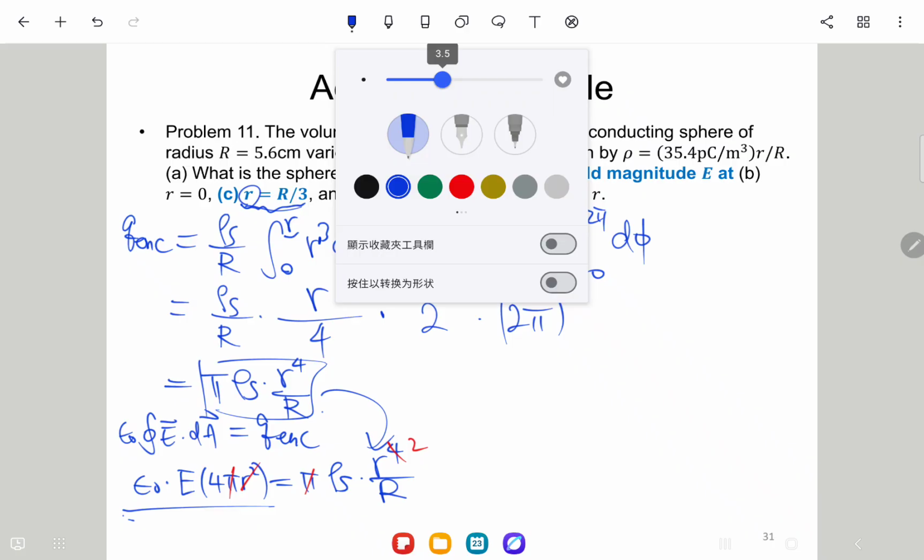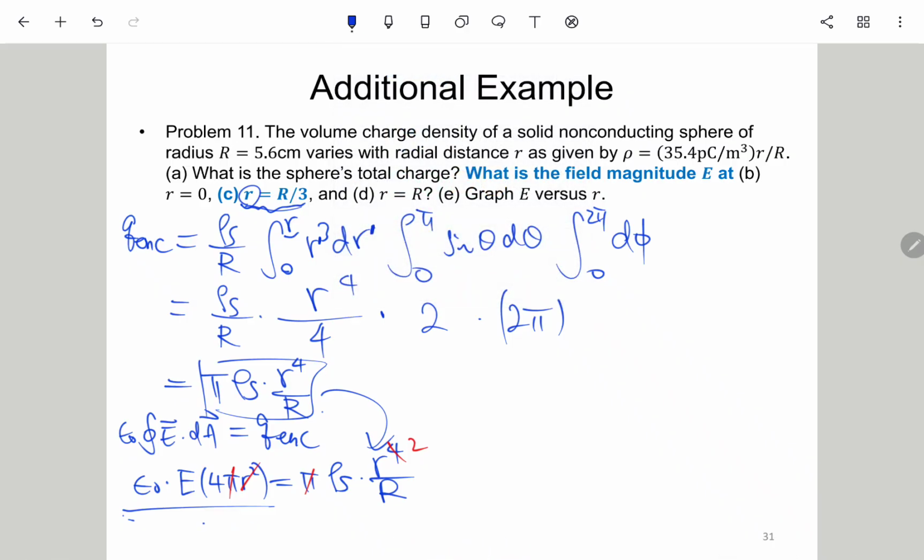So finally we have E equal to rho s R squared over 4 epsilon naught capital R. This is the general form where R is smaller than capital R.